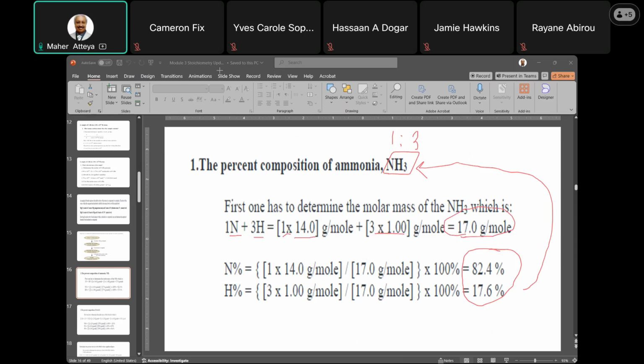Then the nitrogen percentage will be, you divide each element's atomic mass by the molar mass of the whole molecule, and you have to consider how much of each is present.